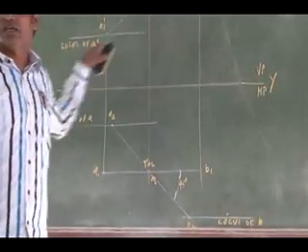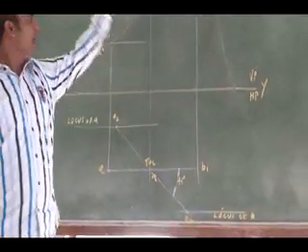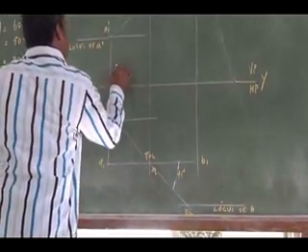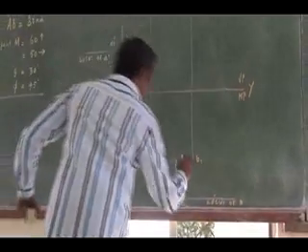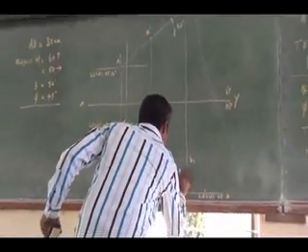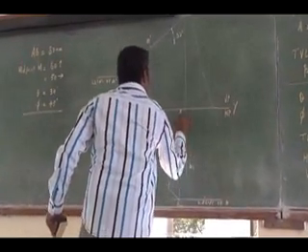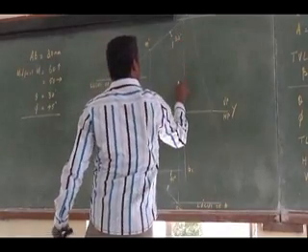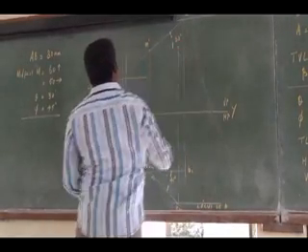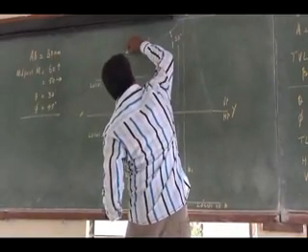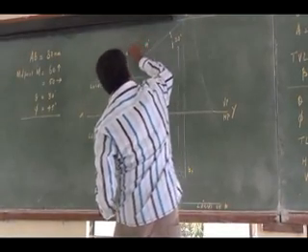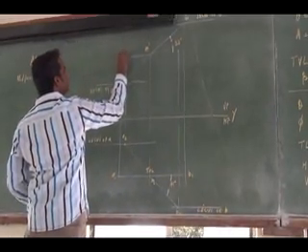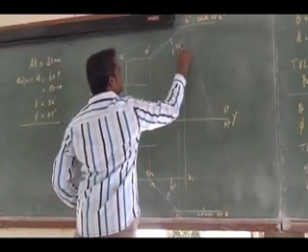You should not get the front view length here. Where I have to get the front view length? At the midpoint. So I have to project, get the projection at the midpoint. So this will be the projection. This is going to be my A2 dash, B2 dash.